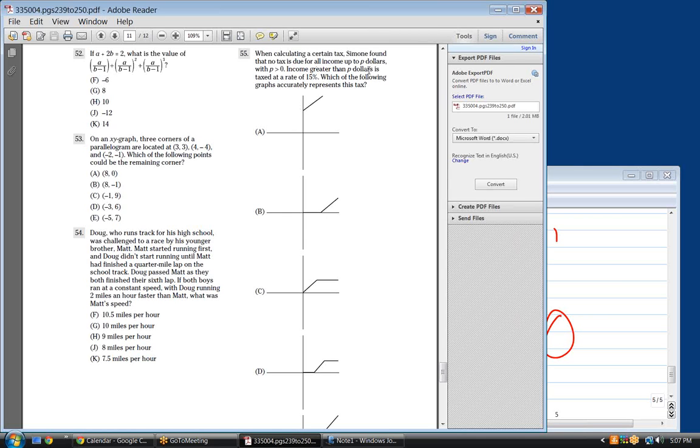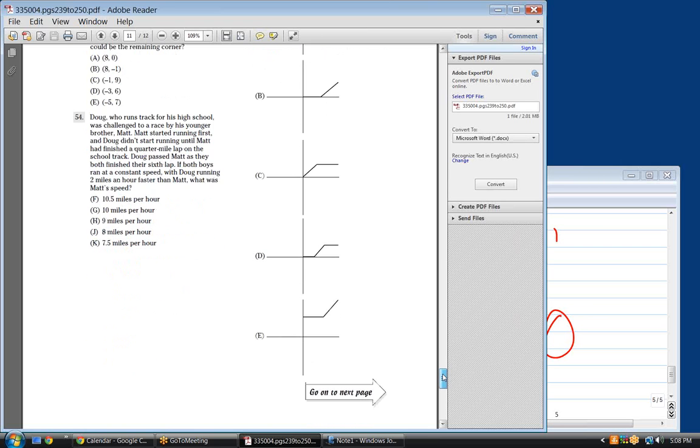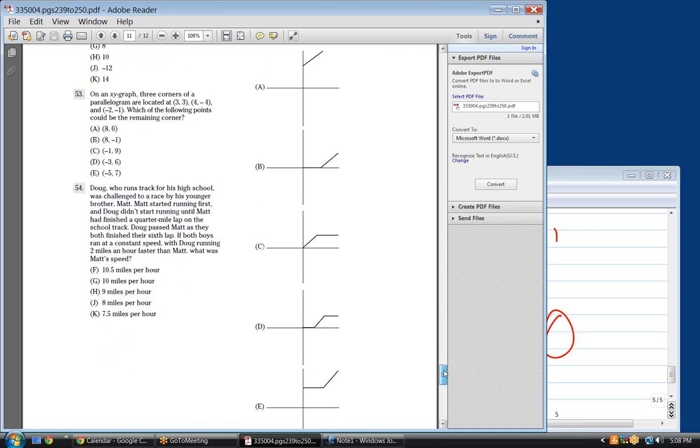Income greater than P dollars is taxed at a rate of 15%. Well, it can't be A, it can't be C, it can't be D, because D fits, except then at some point it flattens out, and not if you have to pay 15% of every dollar over P. And E can't be right either. So it's got to be B.